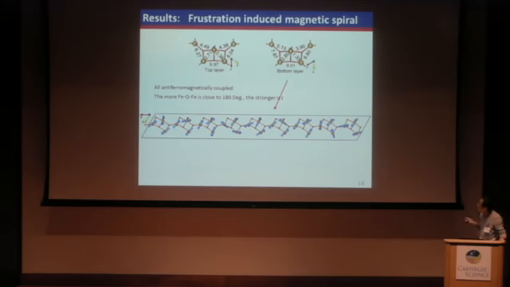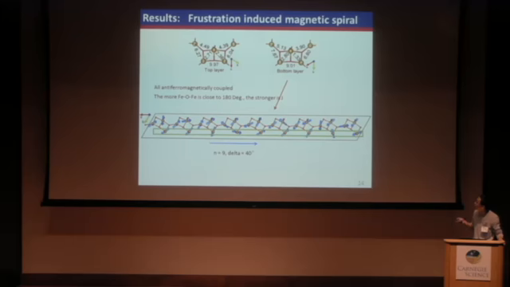This has a period of 9 unit cells. And if we look at the same site in each unit cell, we can find this is a spiral structure. We need to pay attention that this spiral structure is totally different from the DM interaction induced spiral structure.